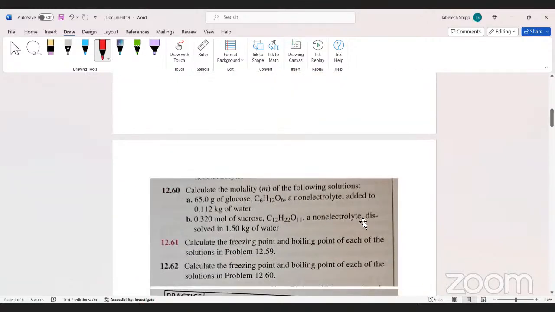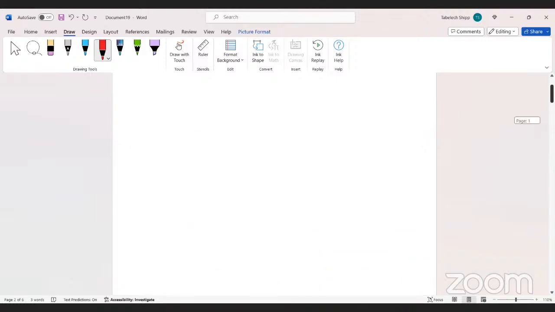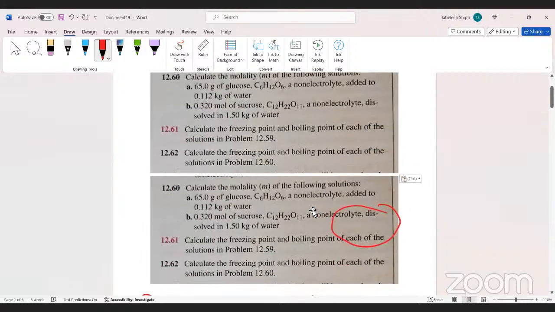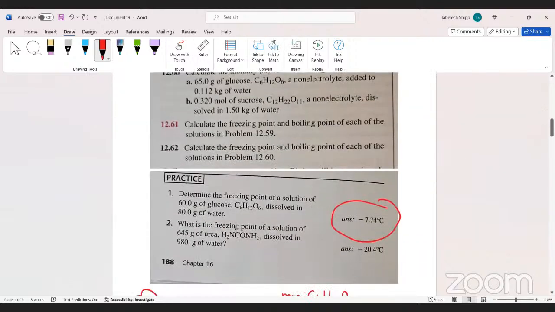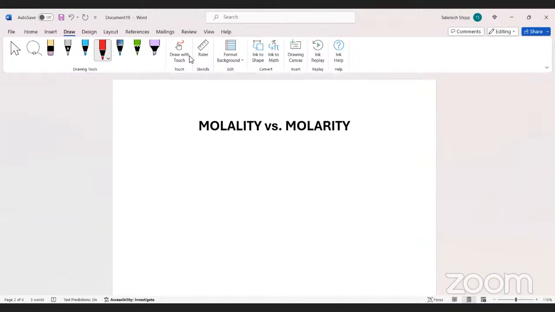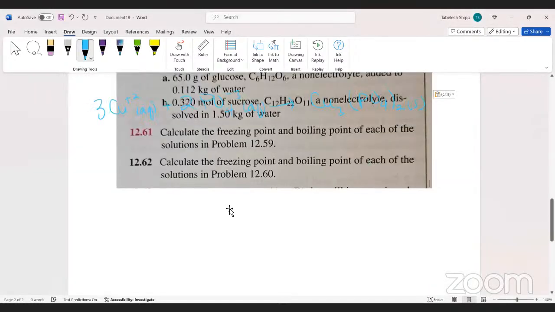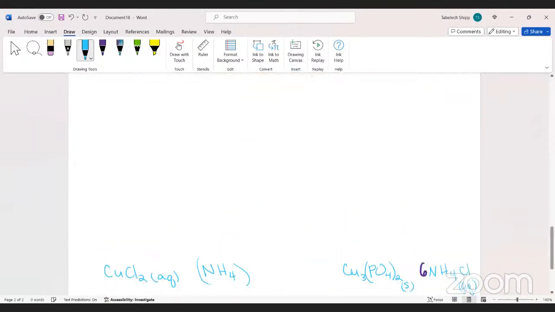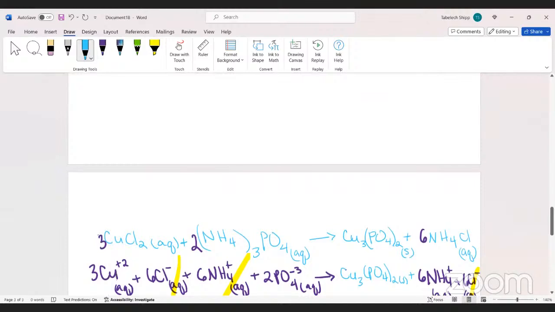Yep, this one. So you know how we kept talking about molality? Well, here it is right here. Let me just do a different screen. That way it'll make it a little bit easier. Okay. So I put this problem right here for you all, and this deals with molality.